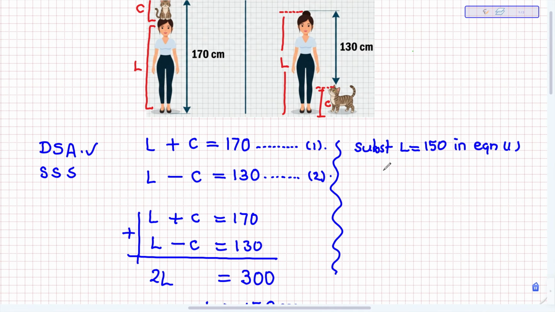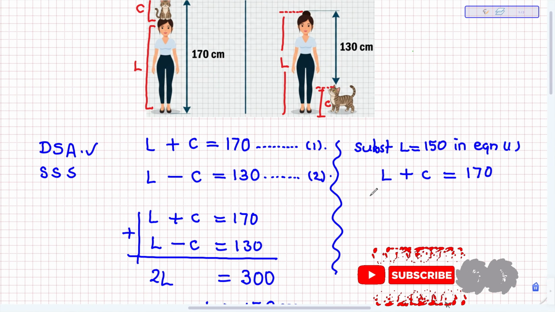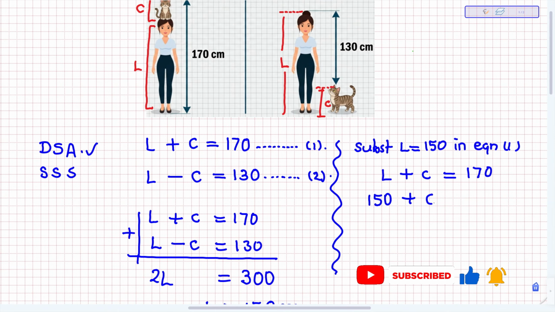And our equation number 1 is L plus C equals 170. So substituting for L, we have 150 plus C, and this must give us 170.